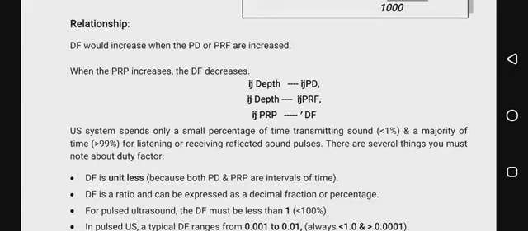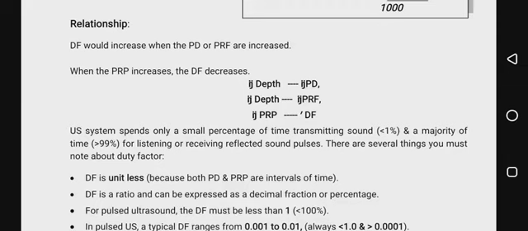Remember, I said earlier that sound takes only 1% of the time in the whole activity for transmission. So the majority of the other time, 99%, is for listening or receiving the reflected sound pulse.